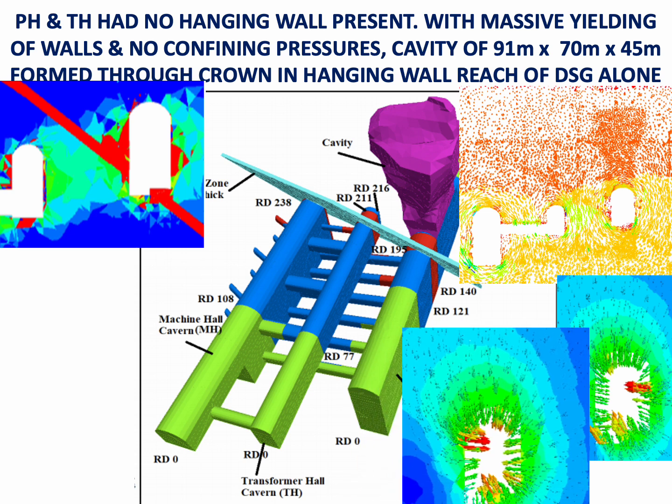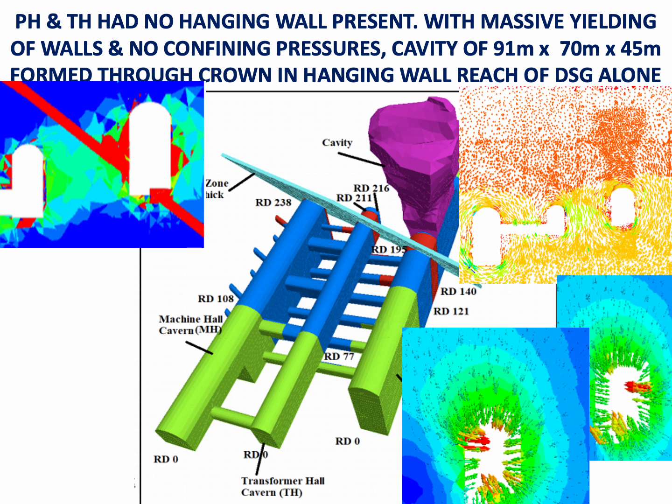making the powerhouse cavern walls more vulnerable to instability, but it was the Downstream Surge Gallery where the shear zone was cutting both the walls and the crown of the Downstream Surge Gallery precariously, which proved the Downstream Surge Gallery becoming unstable.